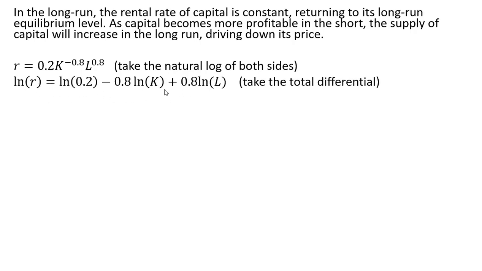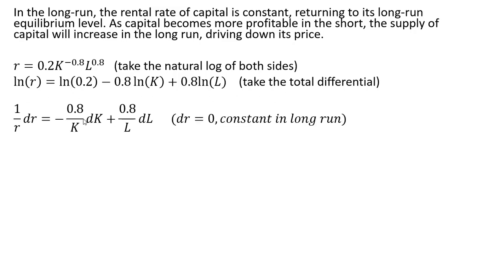We saw this result before. And now I'm going to take the total differential of this equation. And the key thing here is the change in the rental rate of capital, dr, is assumed to be 0, returning to its long-run level. So this whole thing then will just equal 0.